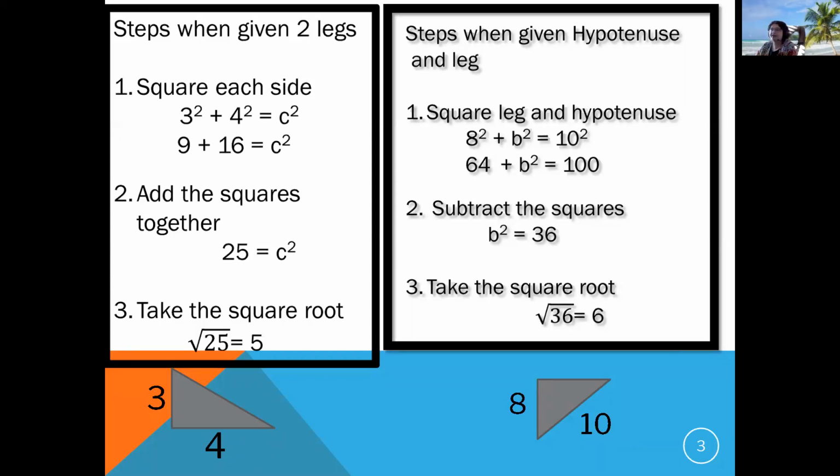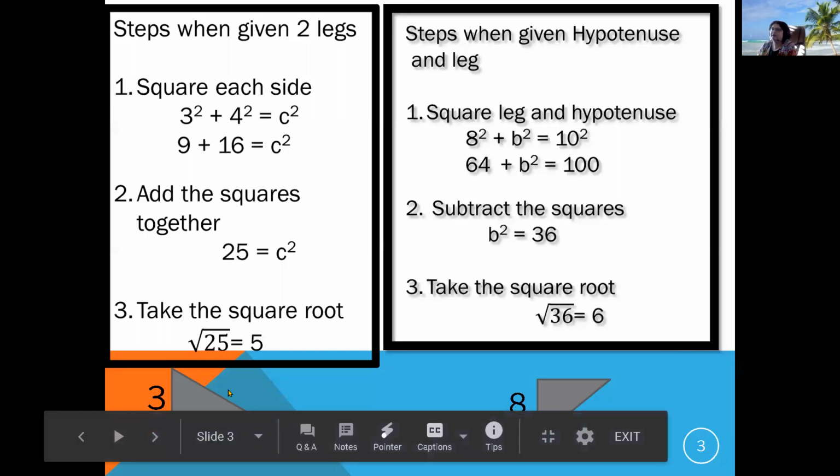They're both Pythagorean theorem, but one is when you're given the 2 legs of a triangle. The other one is when you're given a leg and a hypotenuse, and your goal is to find a missing side length. So for this one, I'm trying to find this side. For this one, I'm trying to find this side right here.